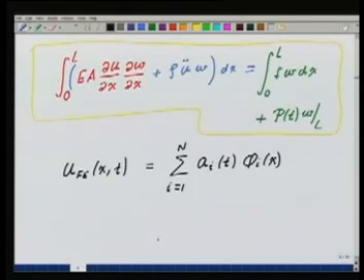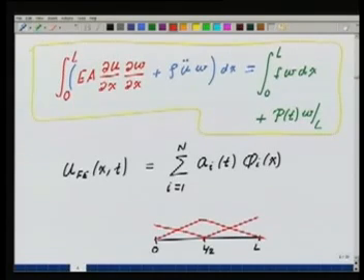So for example, I may use again, just like we had done in the last lecture, a 2-element mesh, let's say uniform. Then our basis functions, these phi i's, will be the standard basis functions that we had. This is phi 1, phi 2, phi 3, and UFE will be equal to A1 phi 1 plus A2 phi 2 plus A3 phi 3.